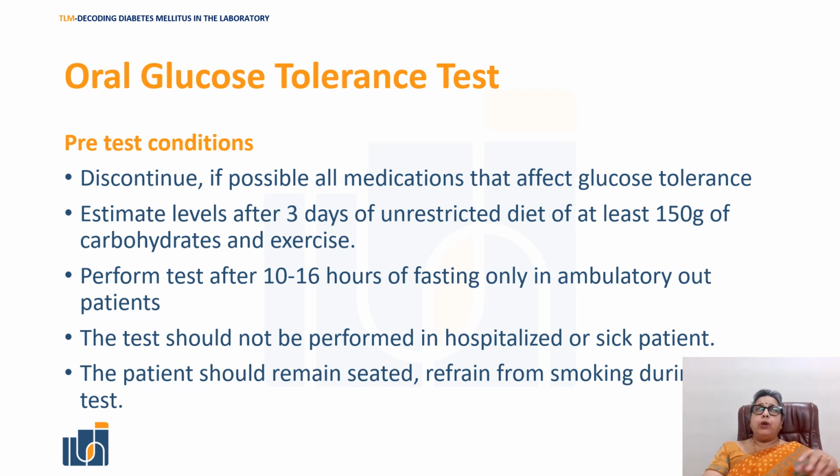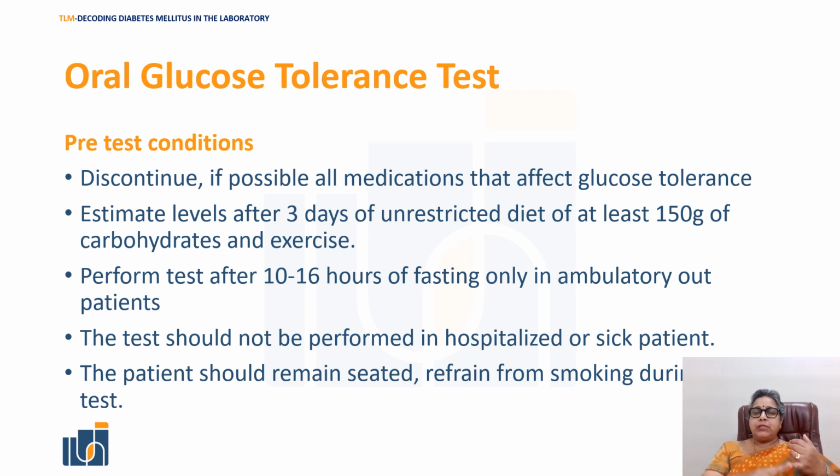Now we move on to another test that is done often, but not in a very standardized way. Different labs perform the test differently. This is the oral glucose tolerance test, or the OGTT. This test requires certain pre-test conditions.